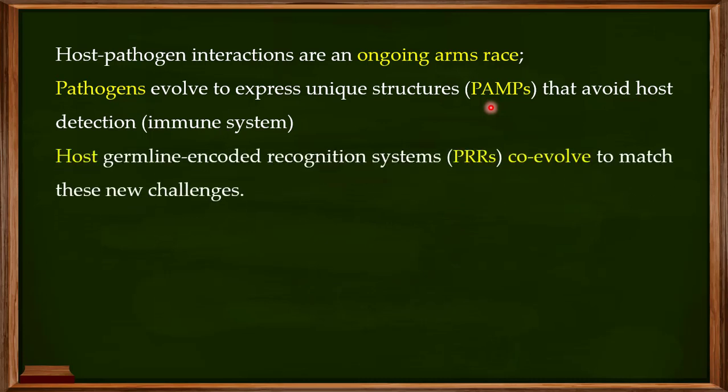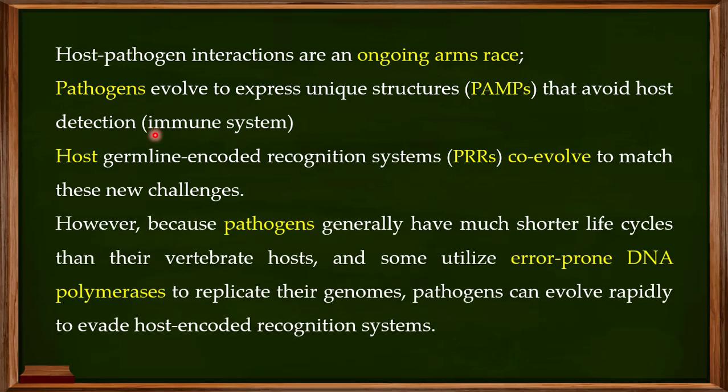The host on the other side is going to co-evolve, and the host has these germline-encoded recognition systems in the form of the PRRs. So they co-evolve to match these new challenges. The PAMPs evolve, the PRRs evolve, so that the host can recognize the pathogens. The problem is that pathogens generally have much shorter life cycles than their vertebrate hosts.